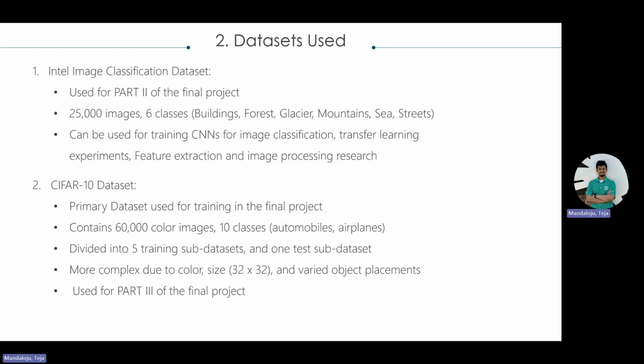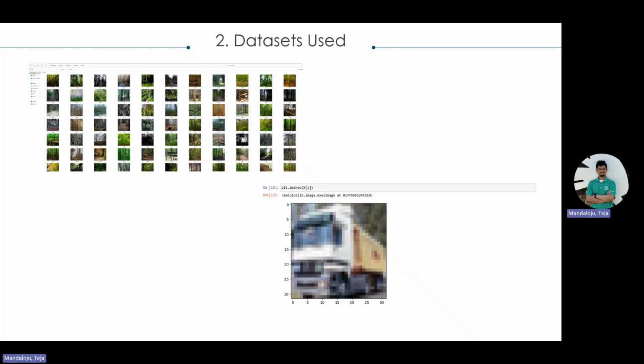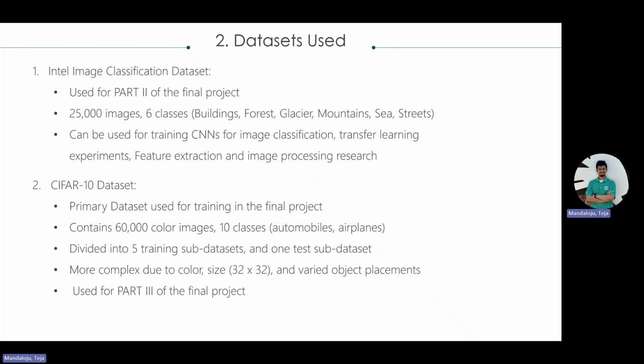Basically, it can be used for image classification or transfer learning experiments, feature extraction, and image processing research. Here is a screenshot of a sample of this dataset. You can see the first image here. It contains images of different forests. Likewise, we have images of glaciers, mountains, and the remaining classes, basically 6 classes.